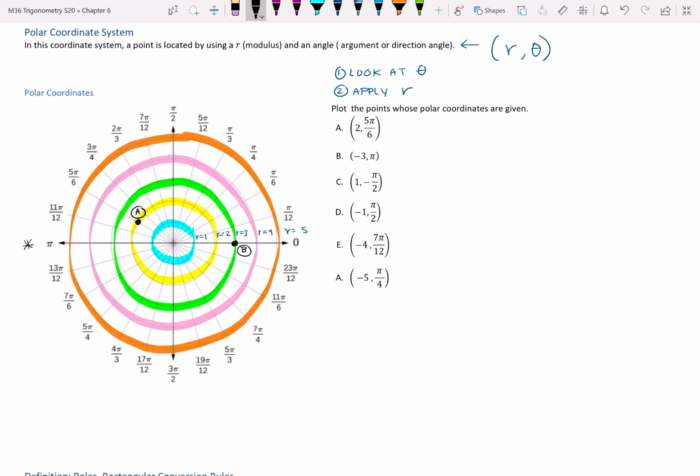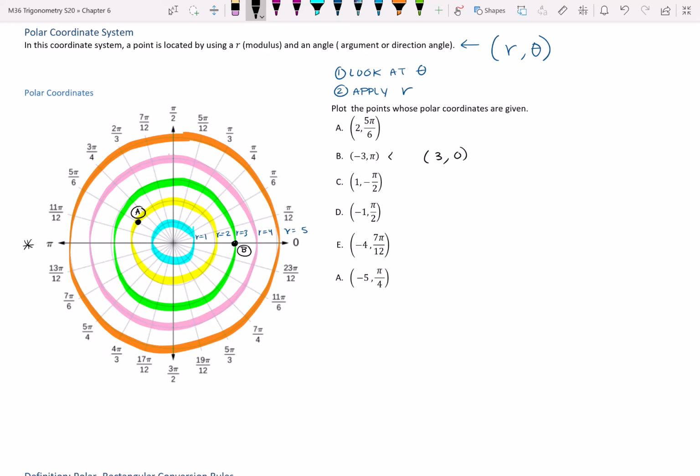Notice again that these are not unique, because another way to get B is by doing R is 3 and my angle here is 0.